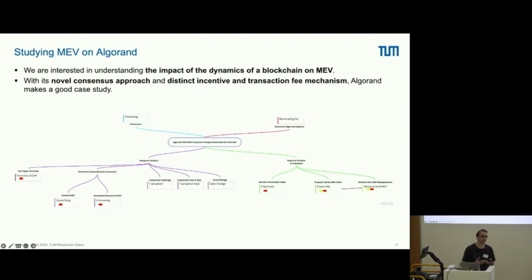Then you say, okay, these are the values that users can extract, but what about block producers? Is there anything else they could do? And then you think about how we can actually prevent this from happening. It just grows and grows, and that's why this study is a work in progress. I don't know if it will ever end. It will definitely end when I finish my PhD, but we'll see about that.